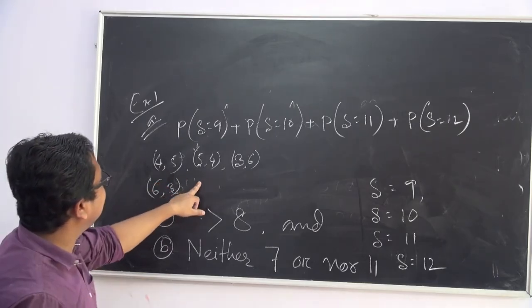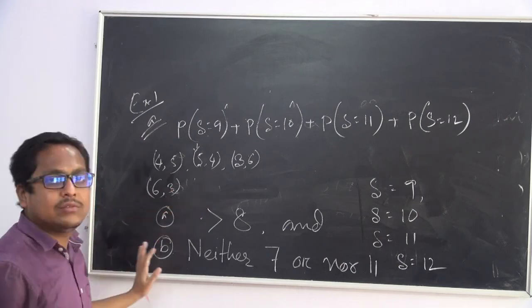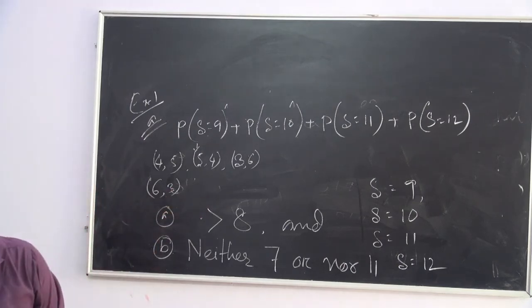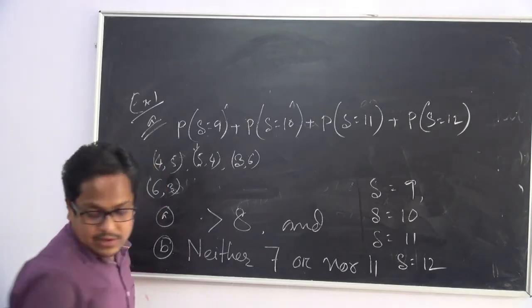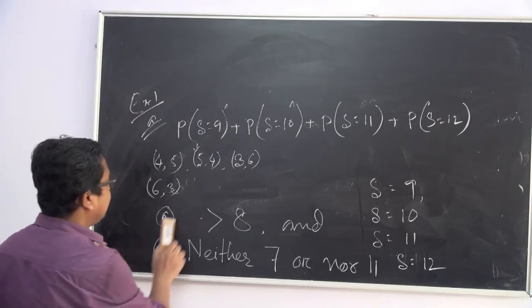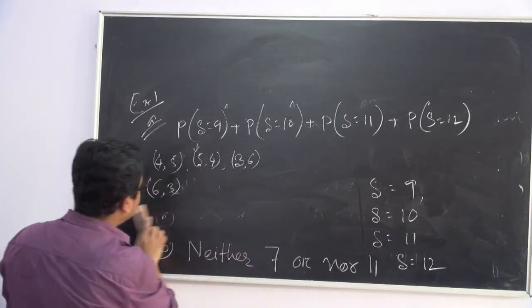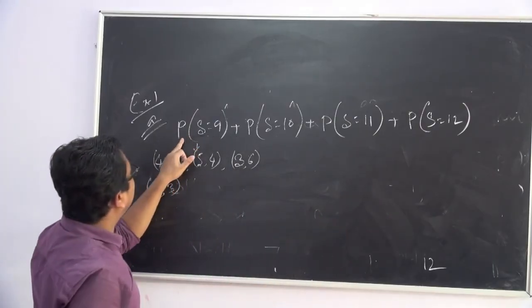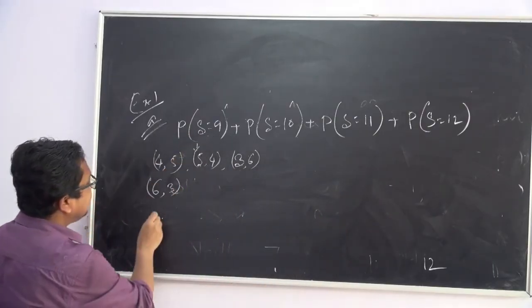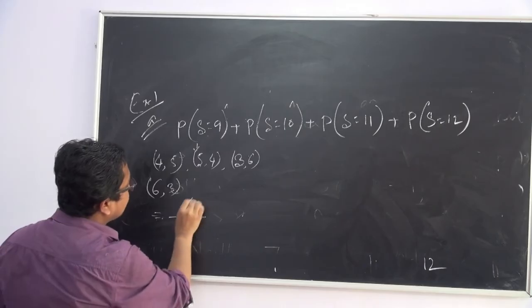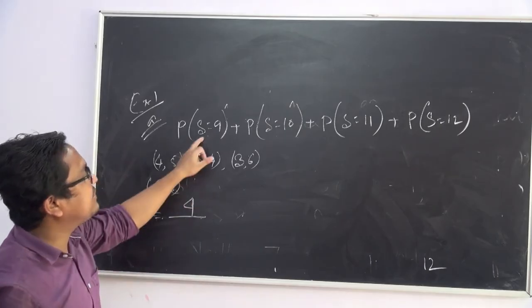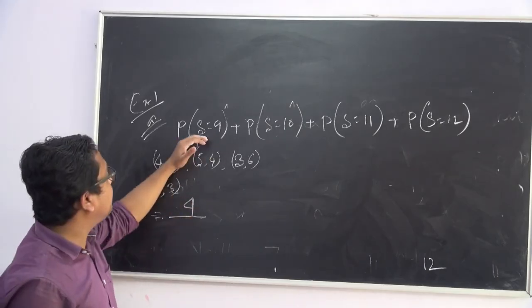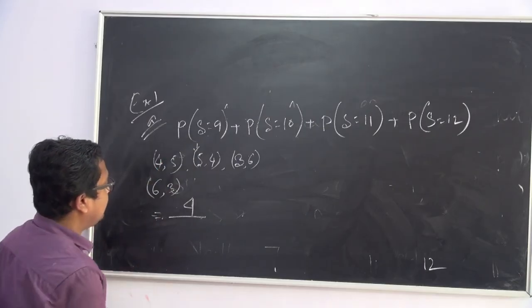So the probability of S is equal to 9: these 4 are the favorable cases, and the total number of cases will be 36.